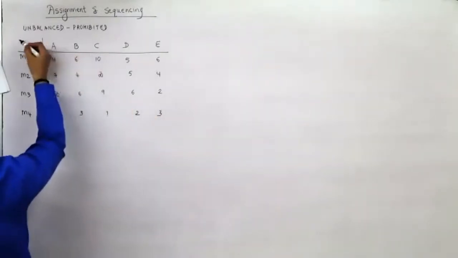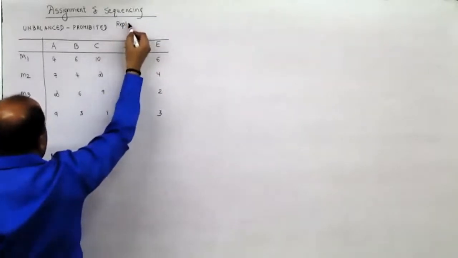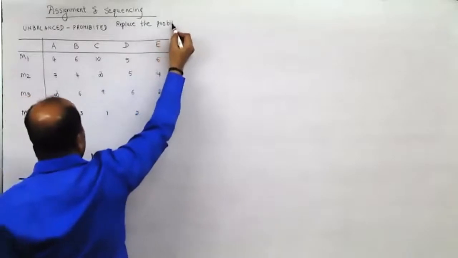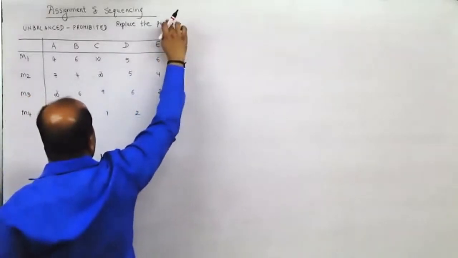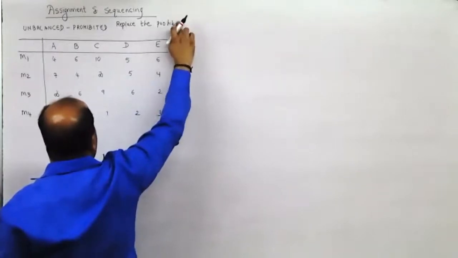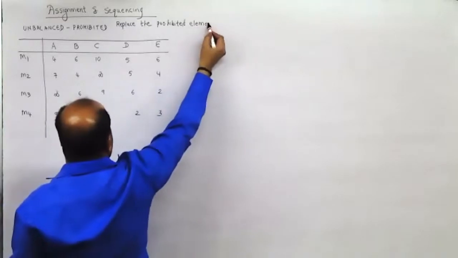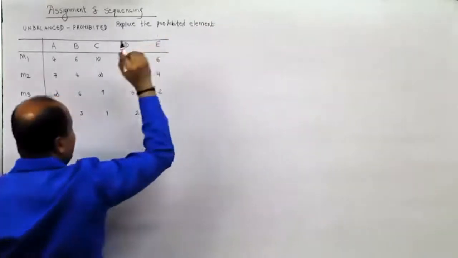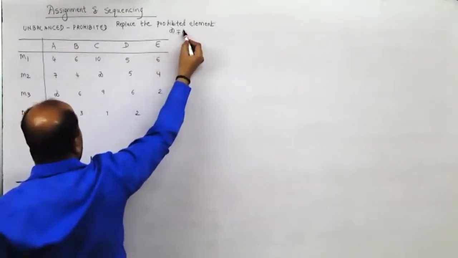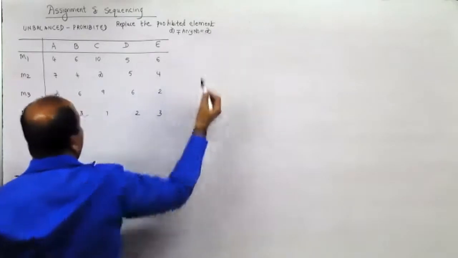Now, here, replace the prohibited elements with infinity, such that infinity is such a large number that infinity minus or plus any number would be equal to infinity itself.